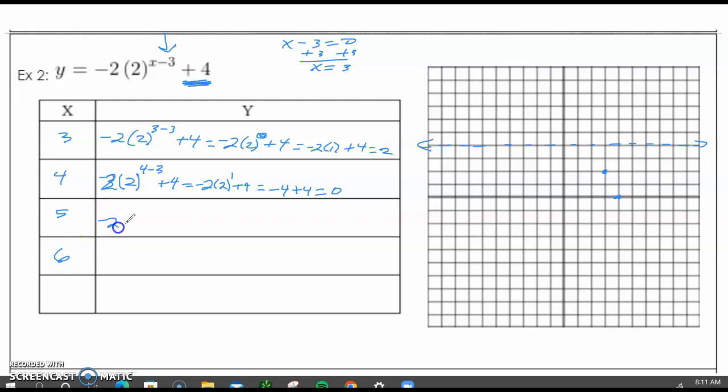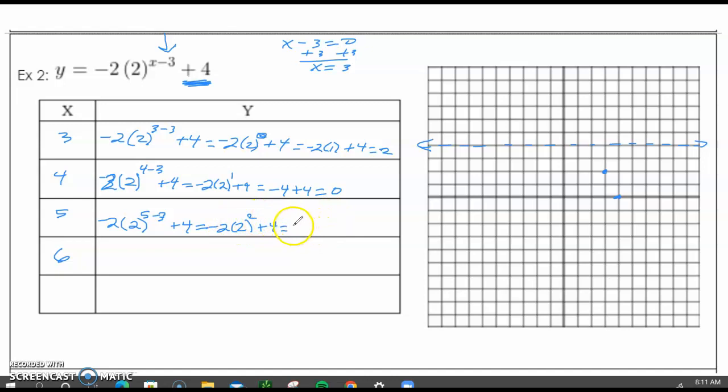5 now, so negative 2 times 2 to the 5 minus 3 plus 4. 5 minus 3 is 2, so that's 2 squared plus 4.